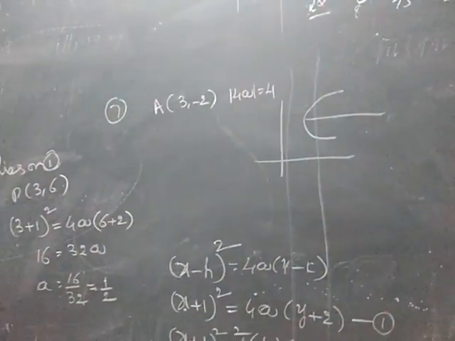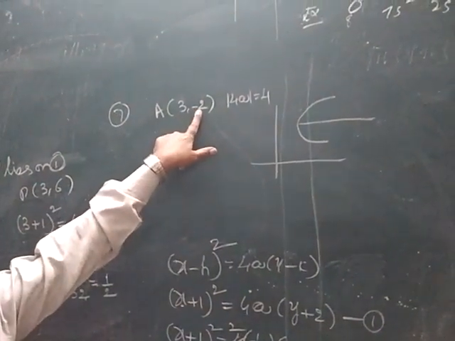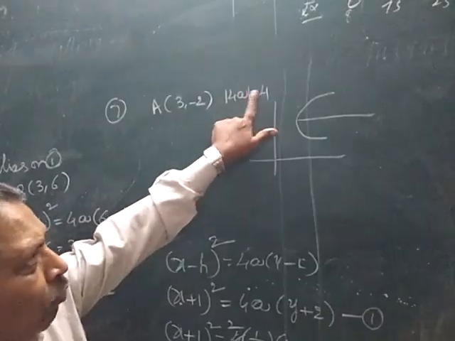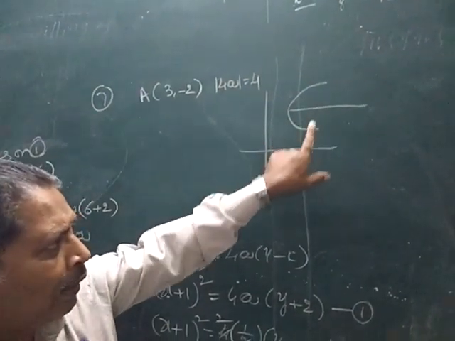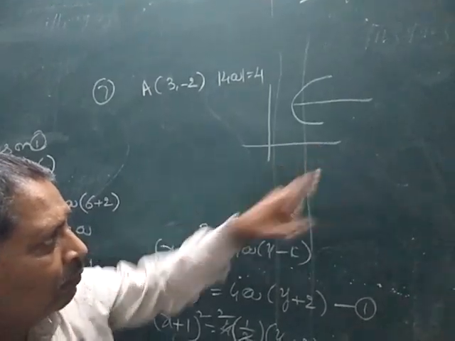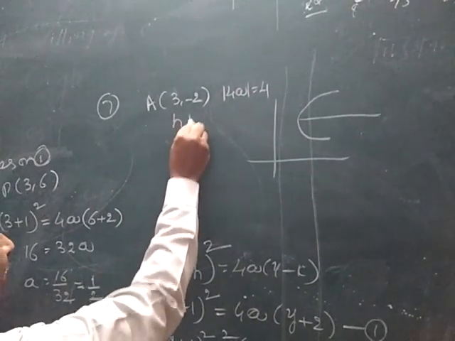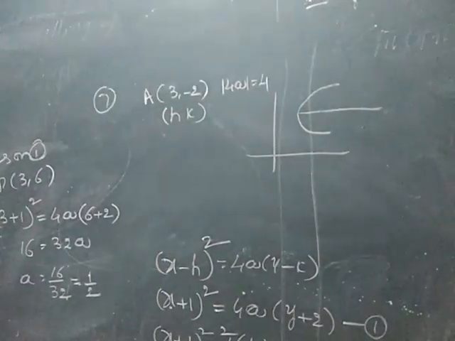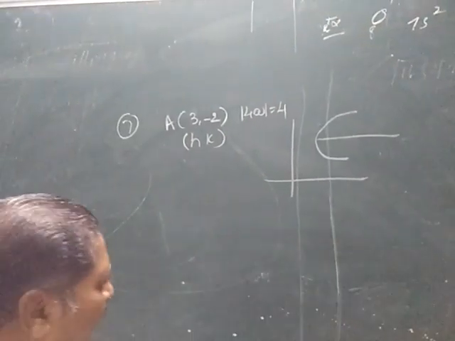That is the given data. Vertex is (3, minus 2). Length of the latus rectum is 4a. Axis line is parallel to x-axis. Vertex (3, minus 2) is h, k.